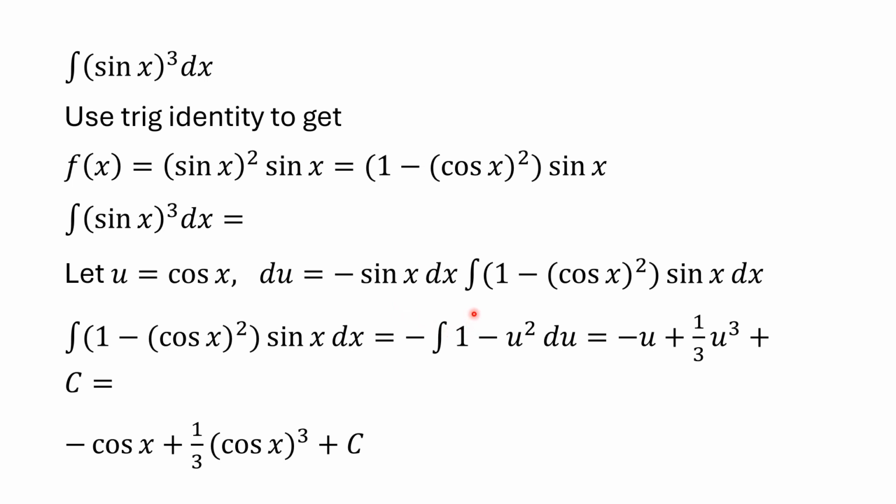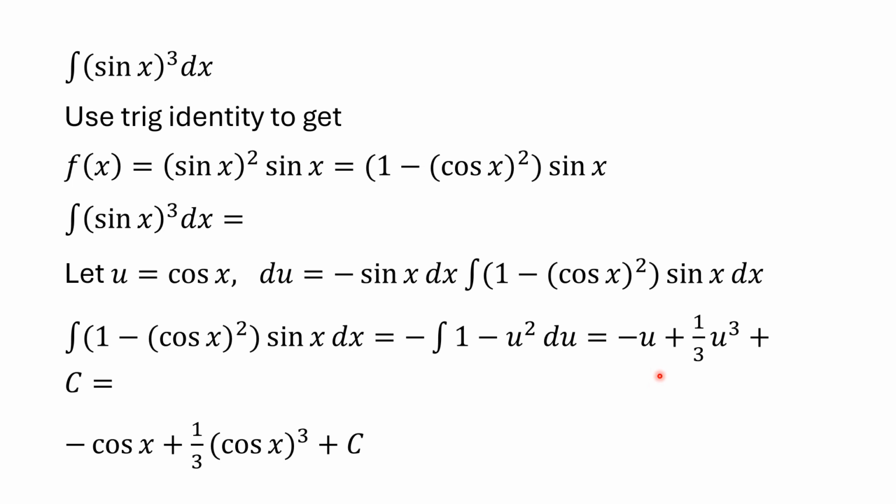So now I have the integral 1 minus cosine squared x sine x dx. Need a negative sign, so I'll have my negative sign here. Here's my du, sine x dx, and so this is u, 1 minus cosine squared.